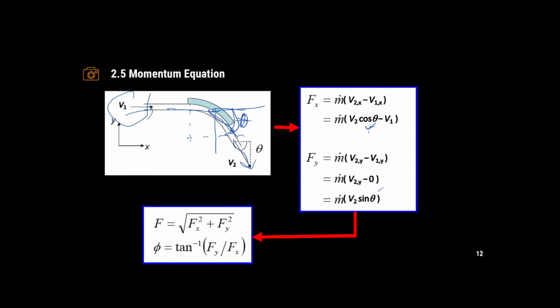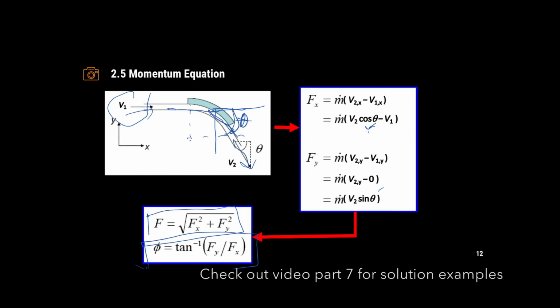If they ask for the total reaction force in the system, you use Fx squared plus Fy squared, square root. And to find the ratio between the reaction force in the y direction and the x direction, we can use inverse tangent of Fy over Fx.